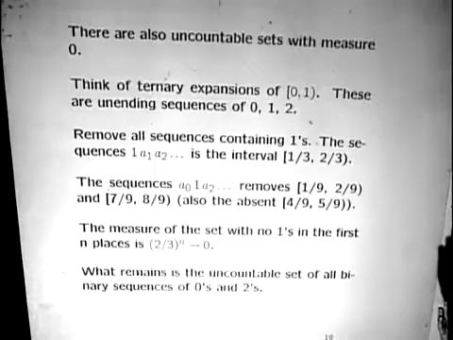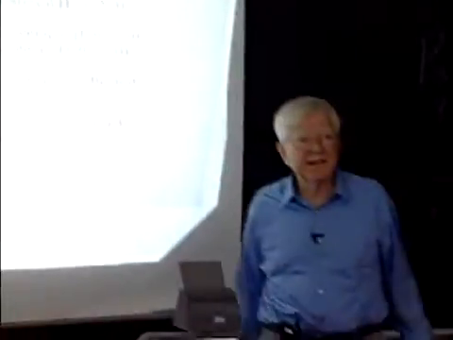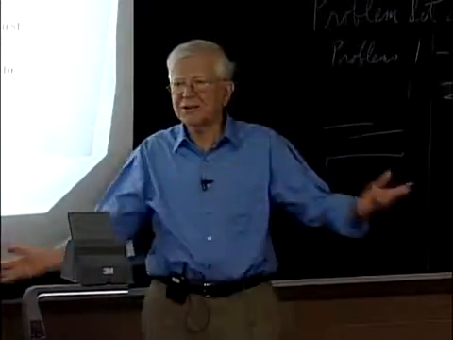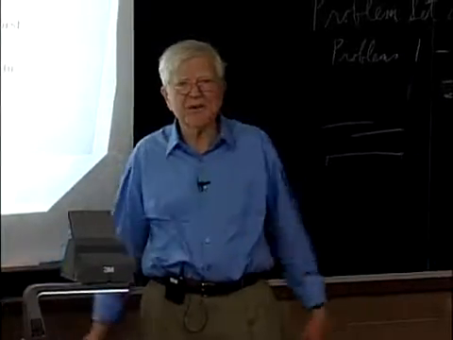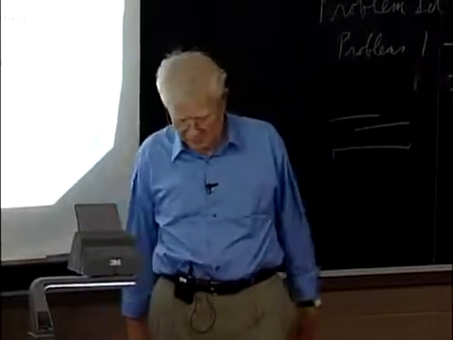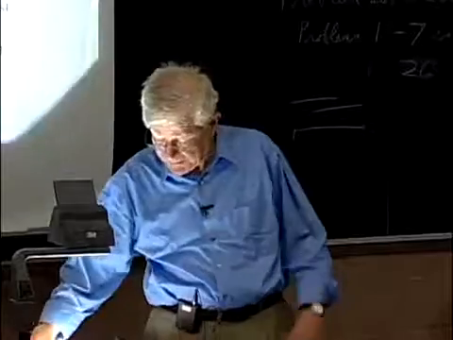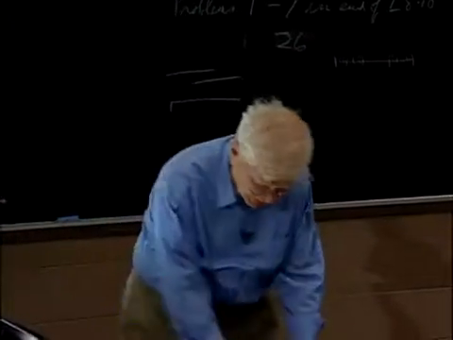Because we already showed that any countable set doesn't amount to anything. Countable sets are diddly. Countable sets all just go away. So anything which gets left has to be uncountable. Again, people had to worry about this for a long time. But anyway, this gives you an uncountable set which has measure 0.